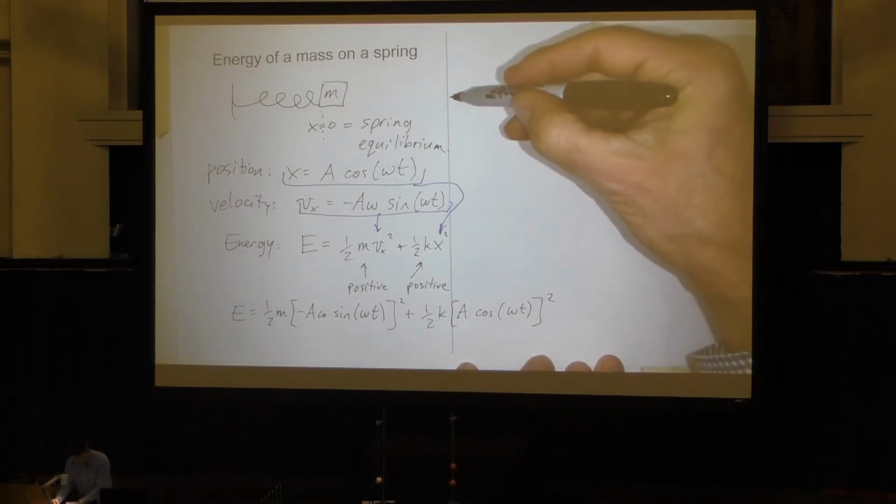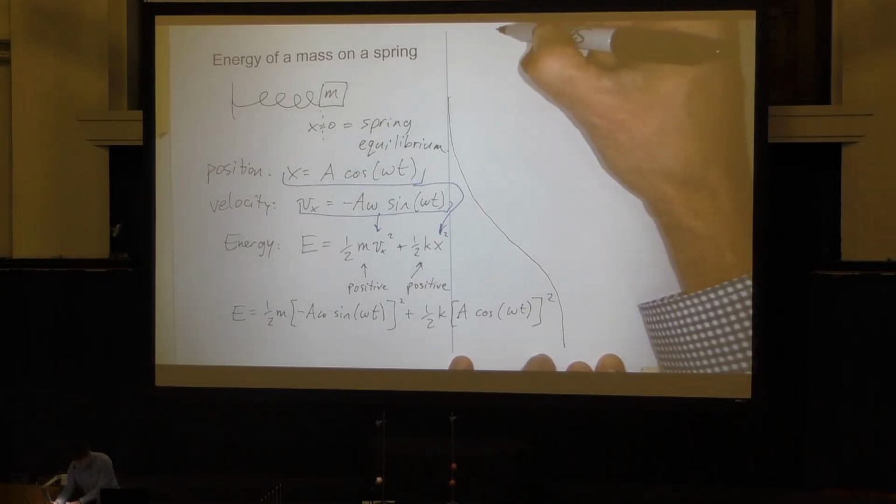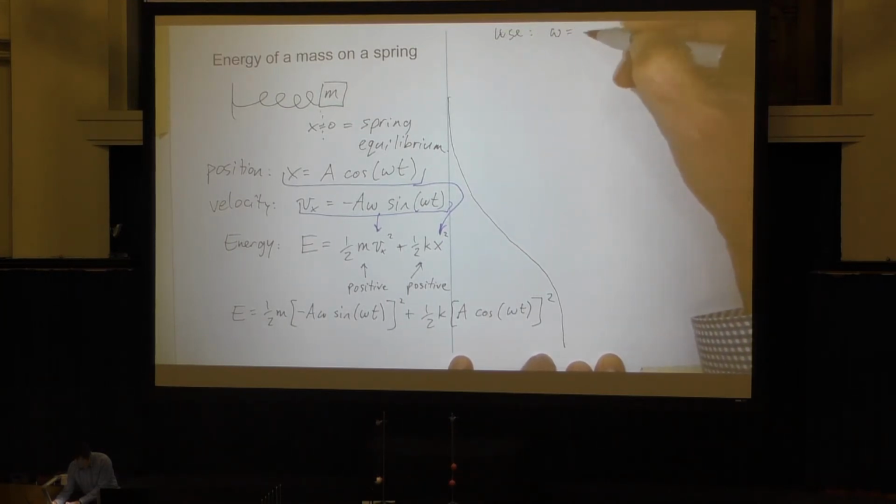And now I'm going to go up, and try to simplify this a little bit. We can use the fact that omega squared is equal to k over m.